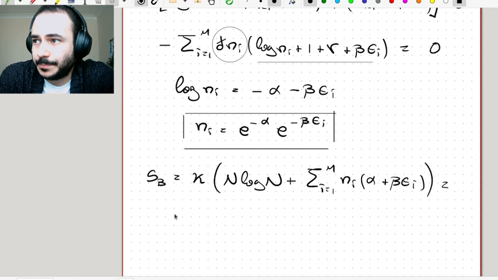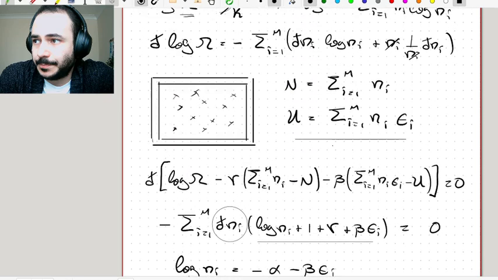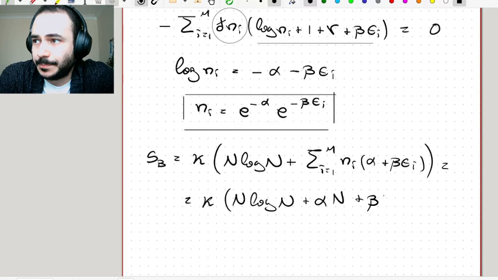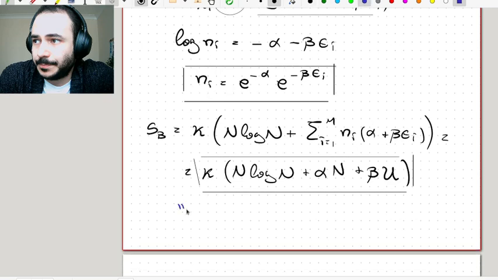And if you calculate both things there, what you have is k n logarithm of n, and here you have plus alpha and then the sum of ni, which is n, and then you have plus beta and the sum of epsilon i times ni, which is the internal energy. Okay, so that's U. And this expression here would be, if you like, the equilibrium Boltzmann entropy. So let's just say equilibrium with inverted commas.